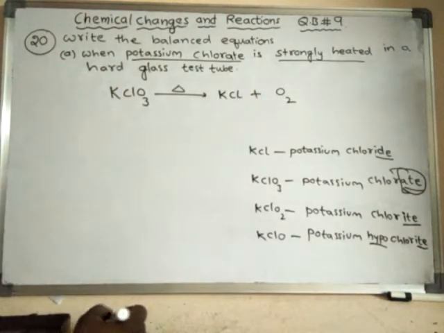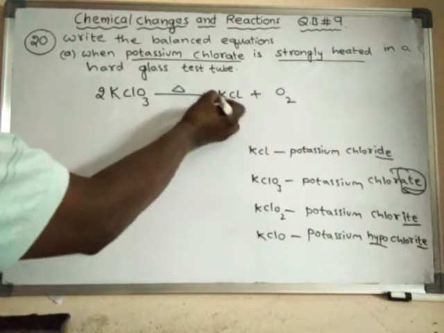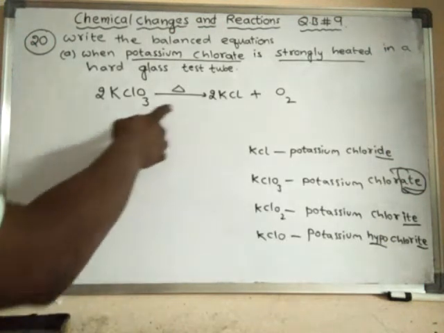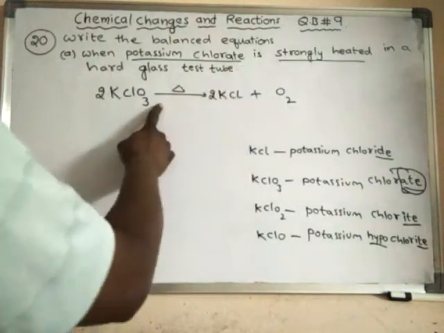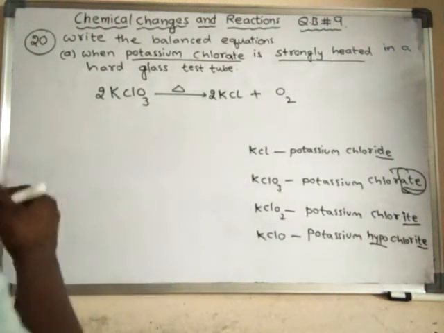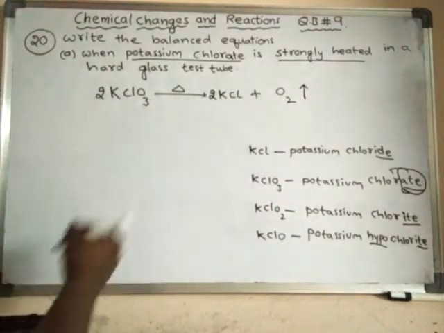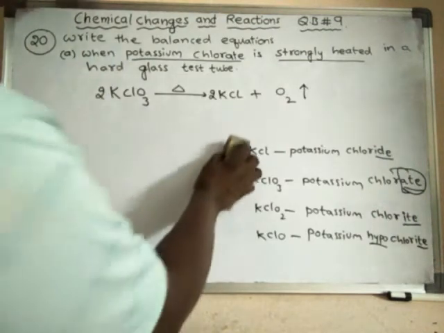Potassium chloride and oxygen are formed. So this is the balanced equation, upon heating. When potassium chlorate is heated, potassium chloride and oxygen gas are evolved. This is the required balanced chemical equation for this question. Right.